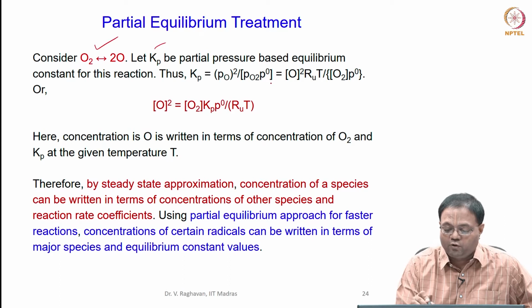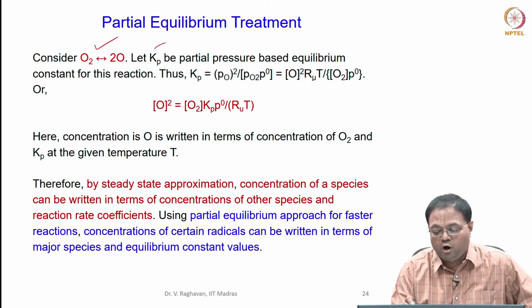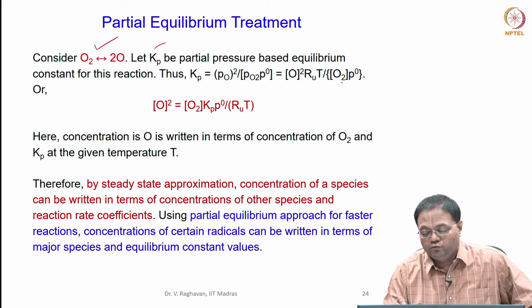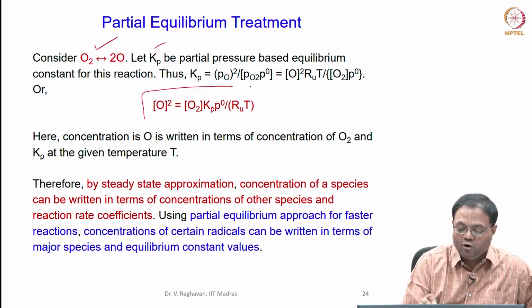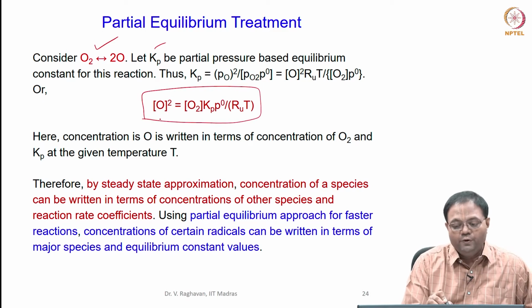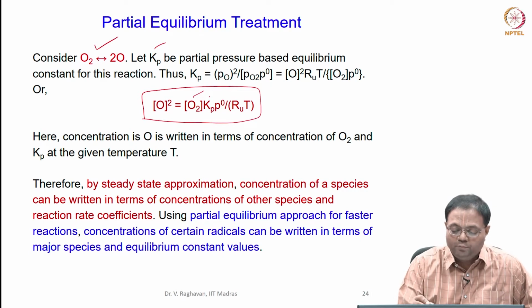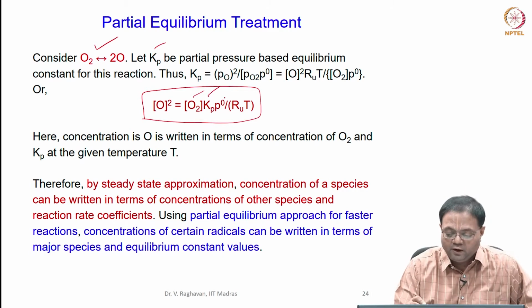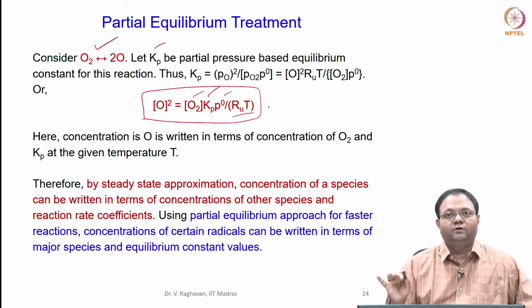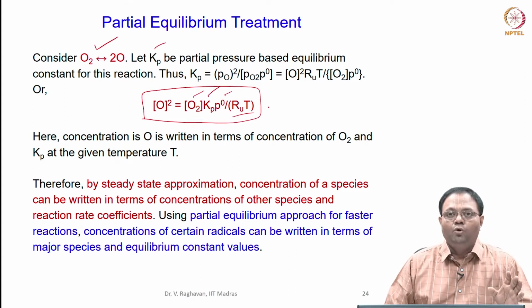Now in terms of concentration, you can write it as the concentration of O squared times RuT divided by the concentration of O2 into P naught. So now I can calculate the concentration of O in terms of the concentration of O2, the partial pressure based equilibrium constant, the atmospheric pressure, Ru and T, etc. At a particular temperature, I can calculate the concentration of O with this.